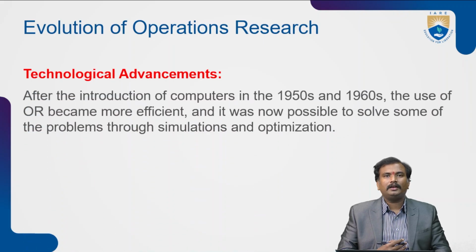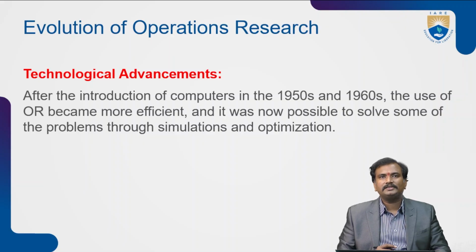And technological advancements after the 1950s and 1960s, the use of operations research became more efficient, and it was now possible to solve some of the problems through simulation and optimization.